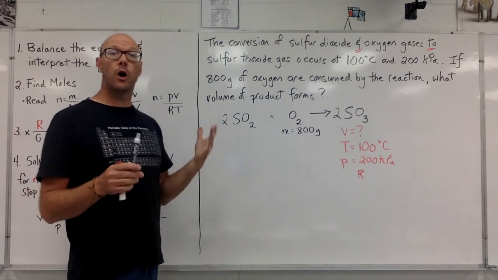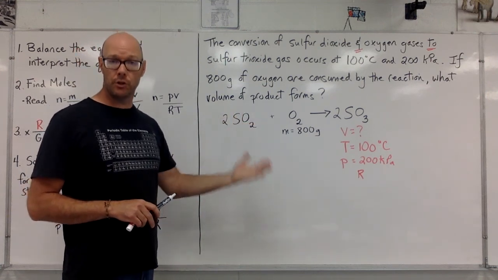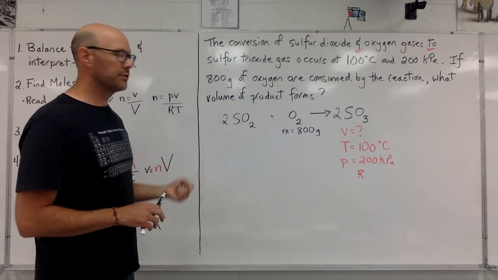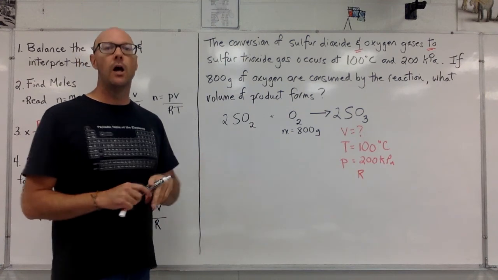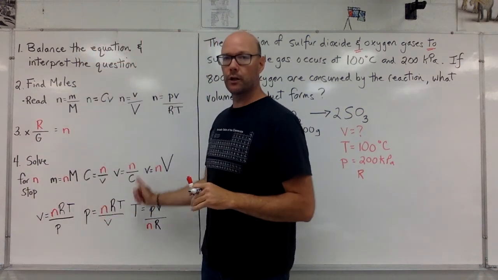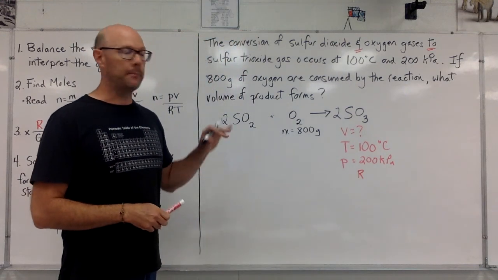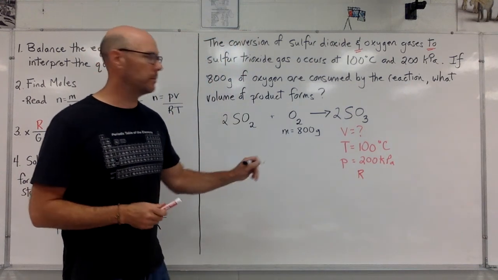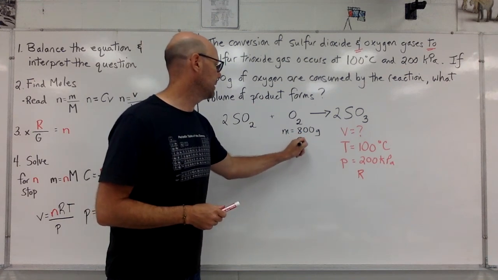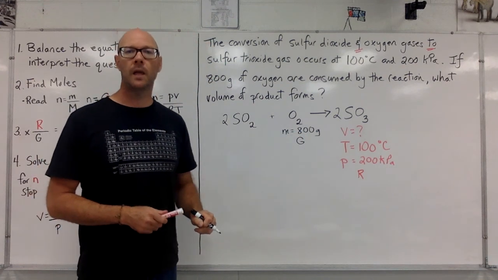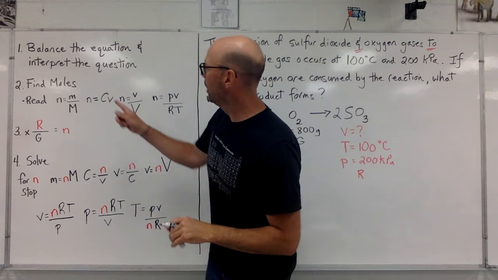Yes, the oxygen is also at 100 degrees Celsius and 200 kilopascals, and so is the sulfur dioxide. However, looking ahead to the work that we're going to do, this question sets up this way. And because those 800 grams, we know them, they are given. Now we need to make a choice.